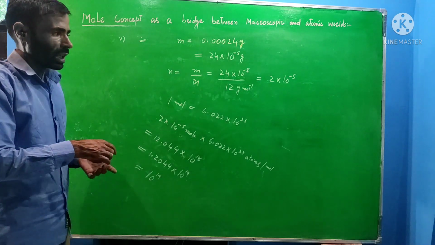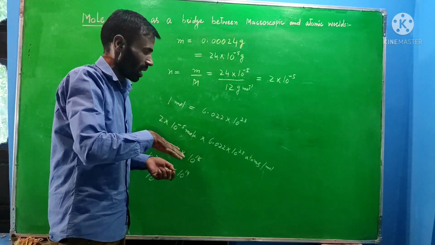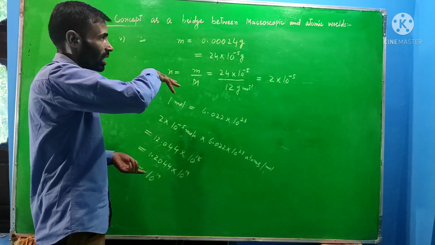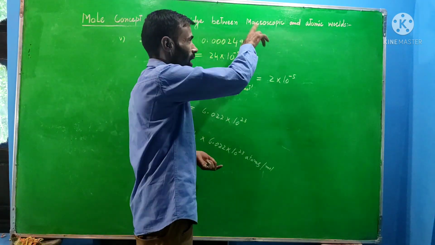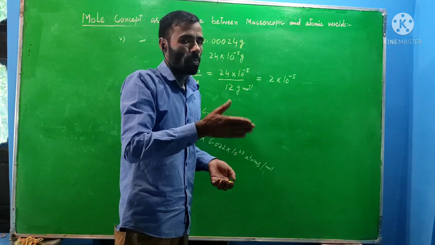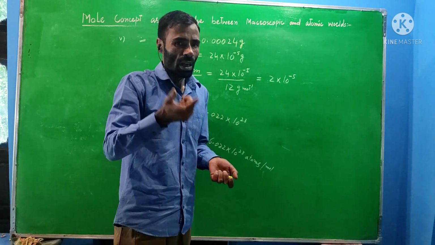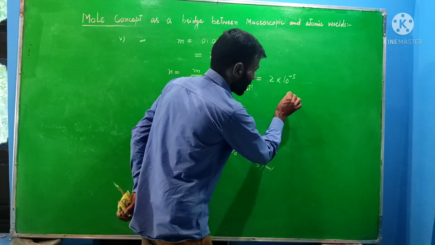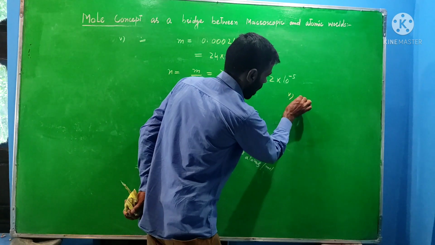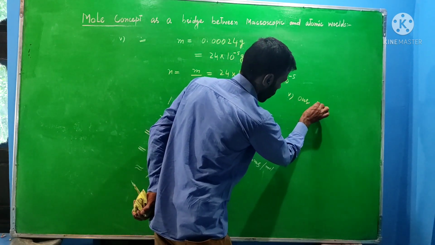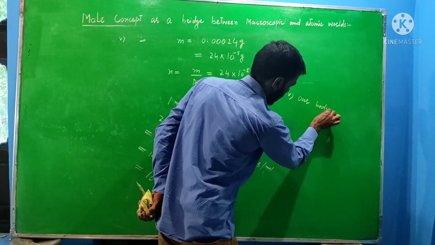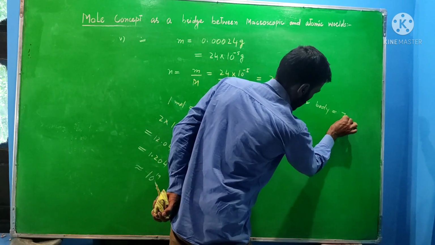So in this way we can apply this mole concept, so that we can create a link between the macroscopic world and the microscopic world. Now I will take, suppose, this example. For example, the weight of our body is equal to 72 kg.